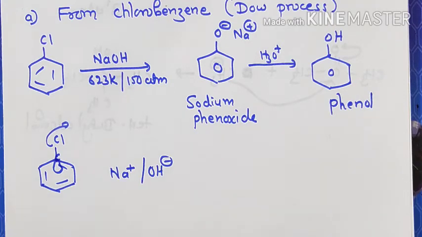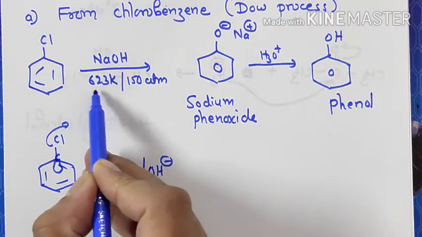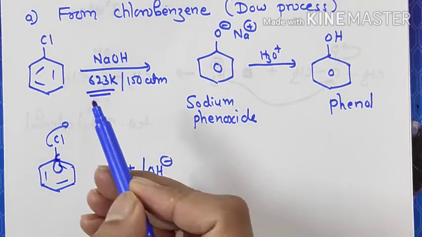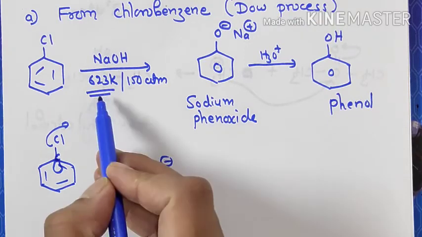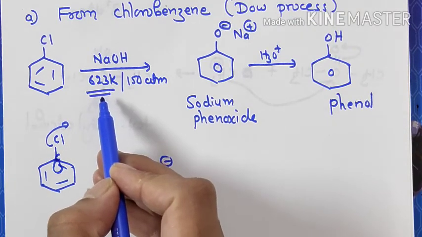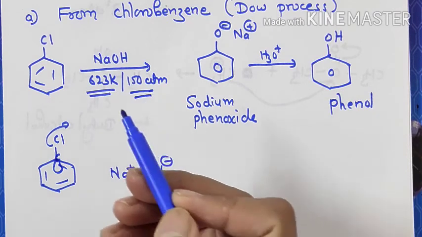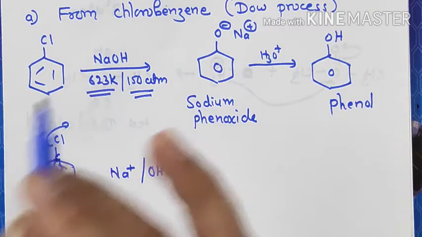That's the reason we create harsh conditions, such a high temperature, 623 Kelvin, and such a high pressure.